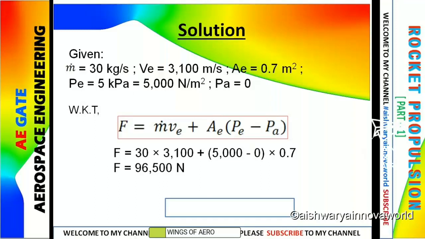We are getting the value as 96,500 Newton, but they have asked in kilonewton. So our answer is 96.5 kilonewton. Very simple, you only need to memorize this formula and simply substitute. And you have to know that if a value is not given, simply consider it as 0.